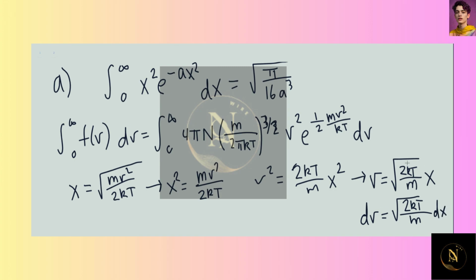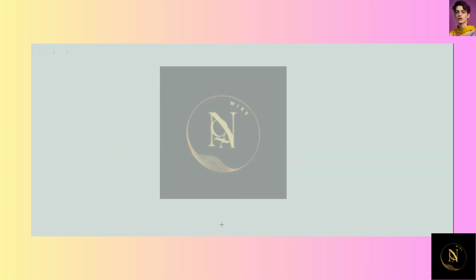Okay, so now we can replace everything in the integral, get it in a more familiar form. Our integral is now still integrating from 0 to infinity. It's 4 pi N times m over 2 pi kT. So we just have all these same constants, nothing interesting there. But now there is some new stuff.